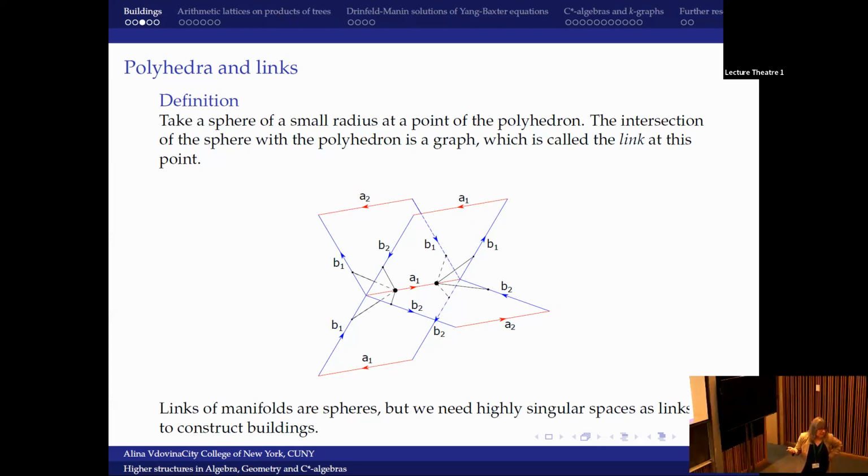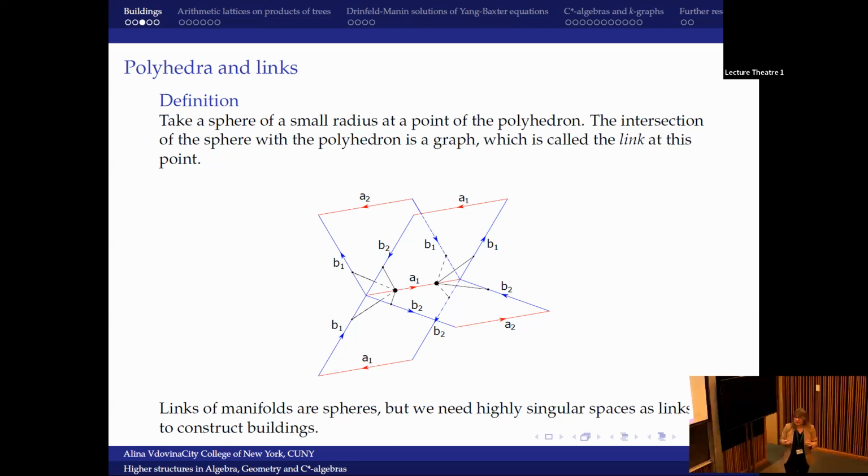In dimension 3 and higher, the link is the intersection of an n-dimensional sphere with your complex, but here let's think about dimension 2. So imagine that at this vertex you take a black sphere, and the intersection of this sphere is just one vertex and 4 edges.